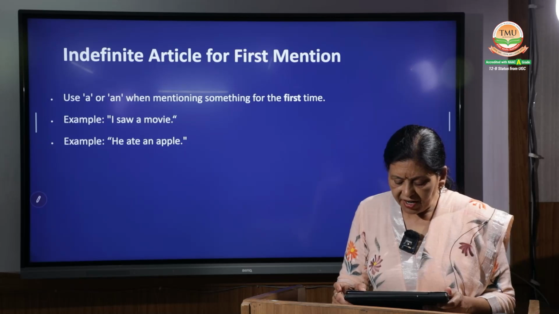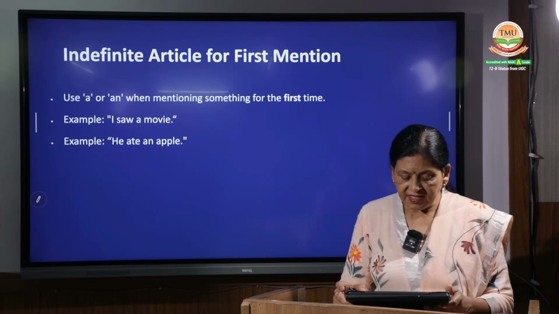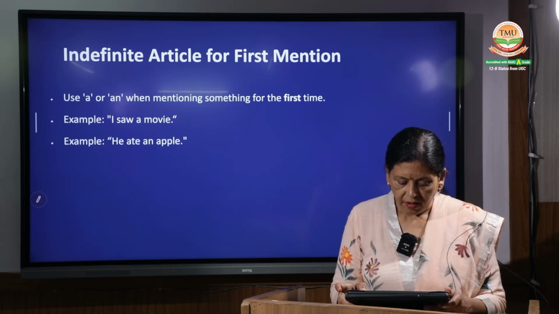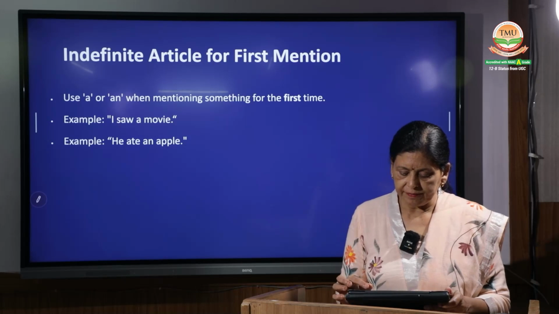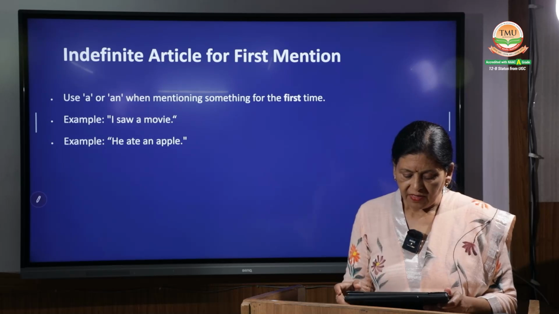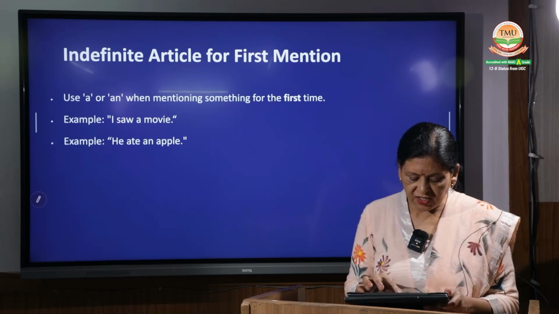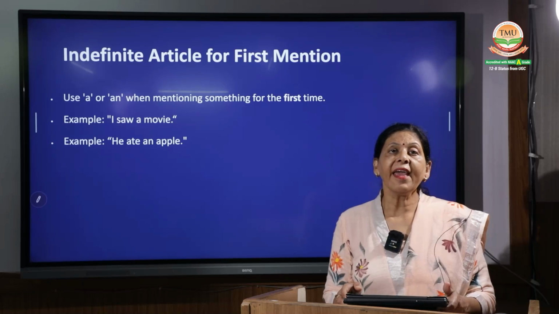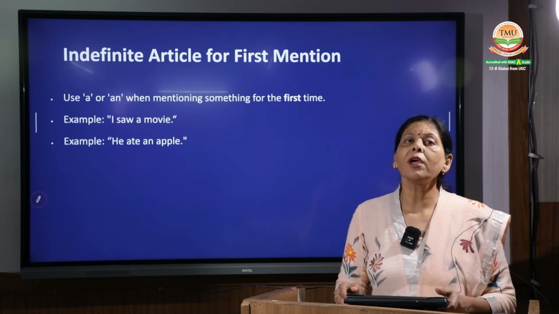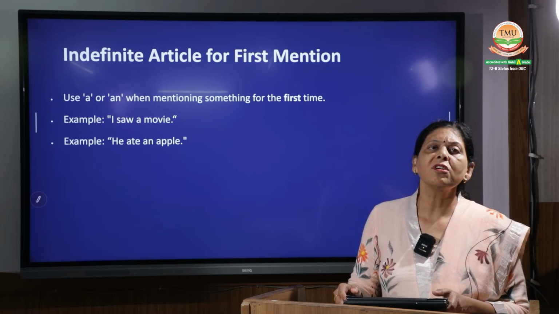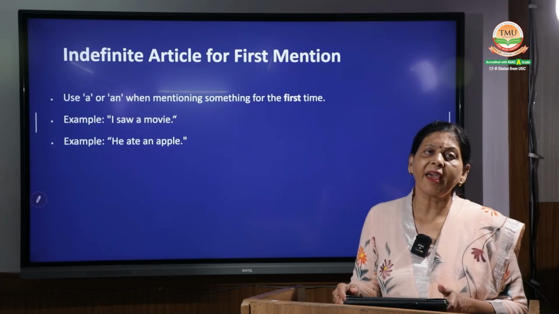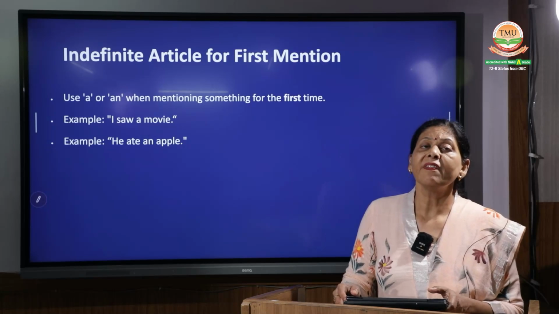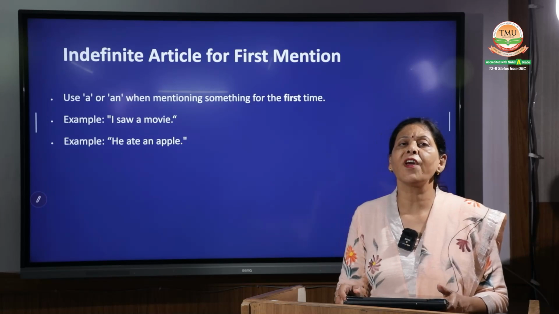Then the indefinite article for first mention. Indefinite article for first mention means I saw a movie. I ate an apple. So when I'm talking about anything for the first time, I ate an apple. The apple was very sweet, or the apple was very juicy.